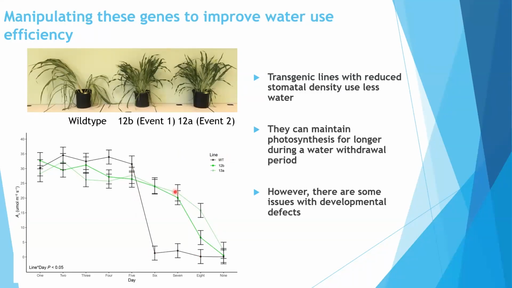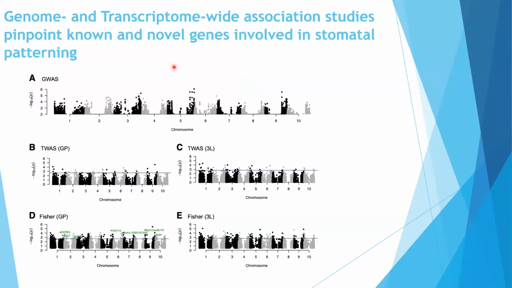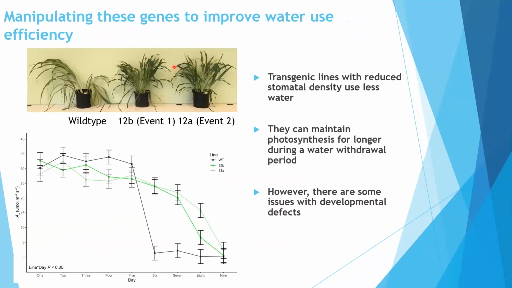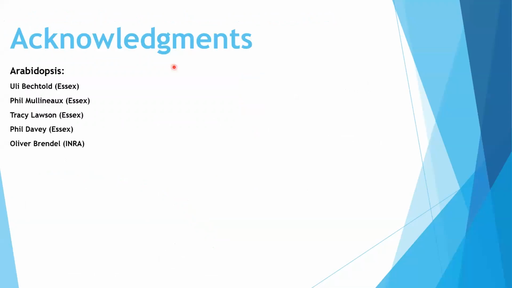So we had developmental issues. This gene is clearly involved in other processes. That's why the plants look a lot more bushy, but still it was preliminary evidence that showed us that manipulating stomatal density genes that we identified with this cool approach, afforded by the new phenotyping method we developed, allowed us to identify genes that can be targeted to improve water use efficiency of crops.